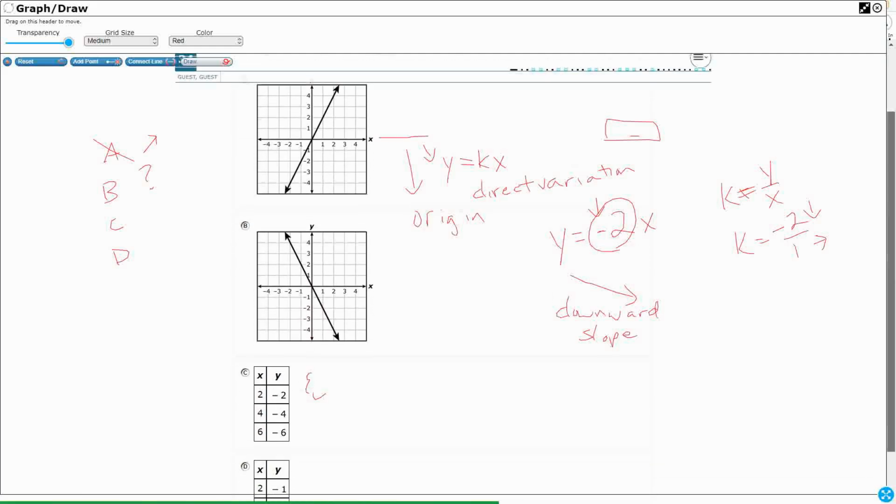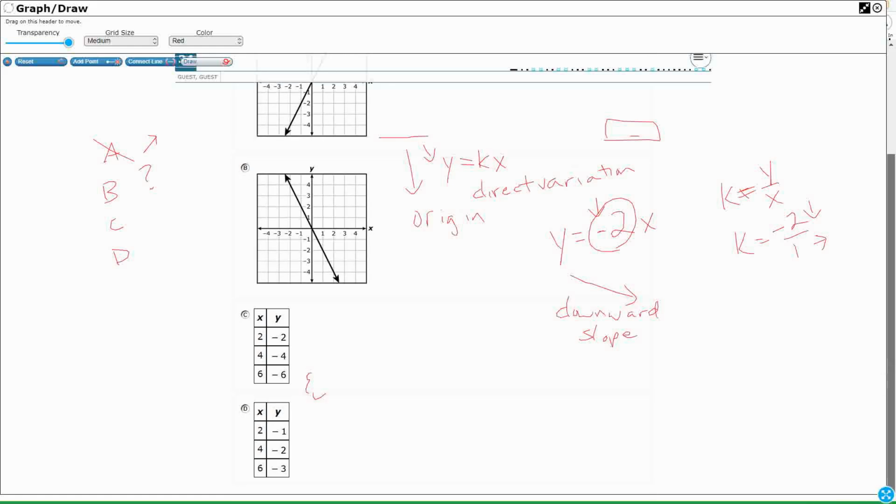How can we check C and D? Well, we've got a few different options. One option, even without using the calculator, would be to just use this equation here and see if I take my x value, which is 2. This is the equation I need to use.